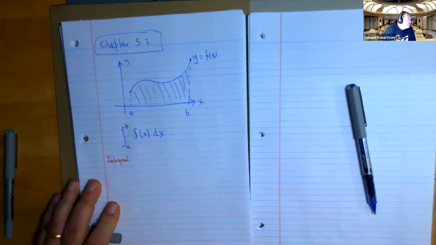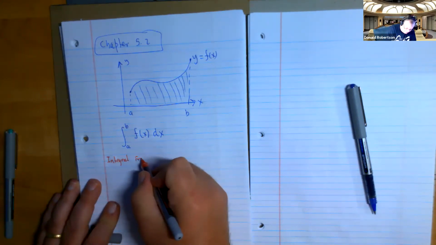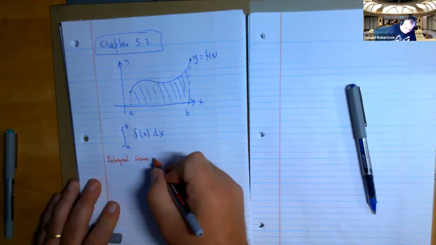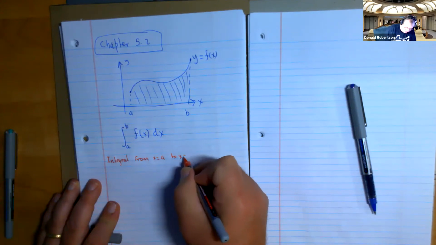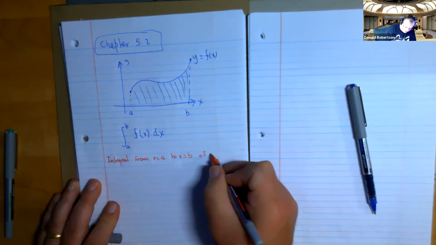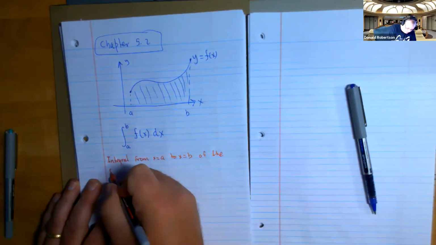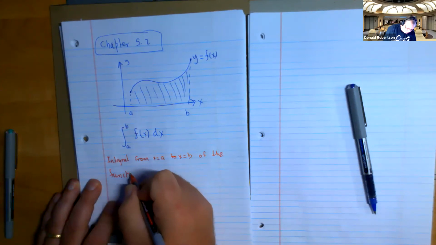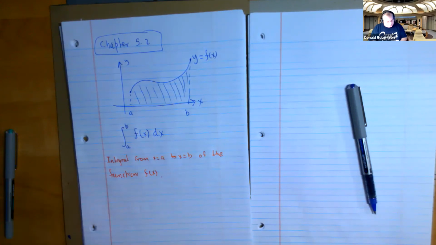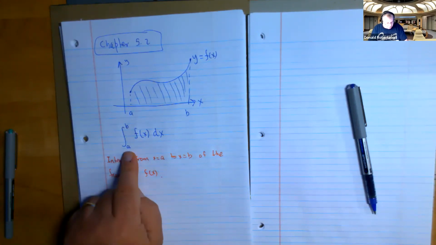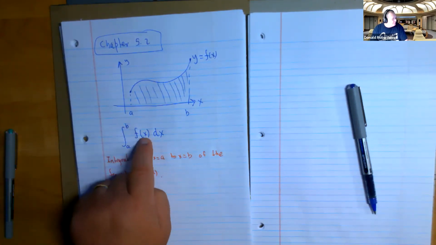So think of that as the area under the curve from x equals a to x equals b of the function f of x. So if I read that out loud, I'll say the integral from a to b of f of x dx.